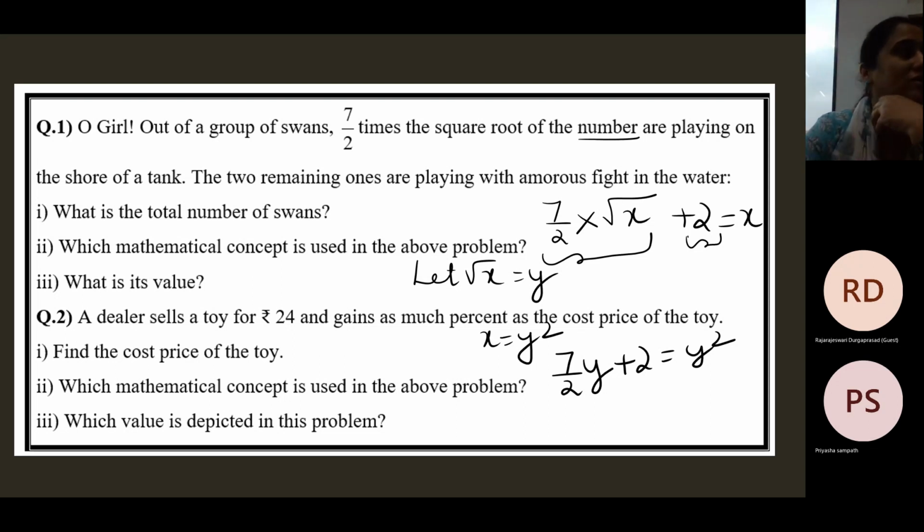So what is the mathematical concept? Quadratic equations. And what is the value? The value need not be one unique answer. Each of us interprets or sees the situation in a different way. So what can be the value here?